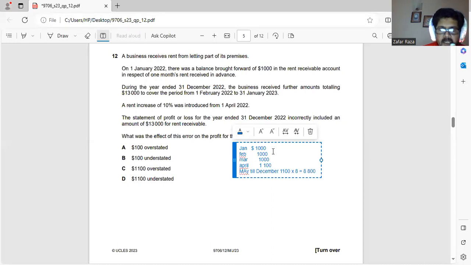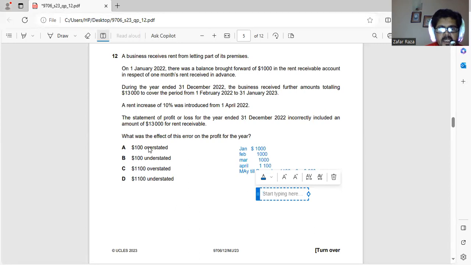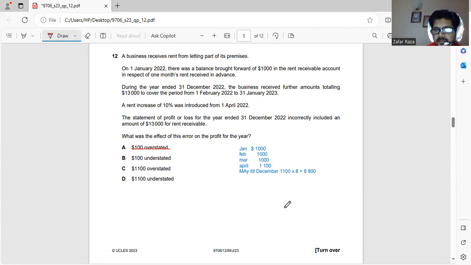Now see, 8,800 from May to December, plus April 1,100, plus 3,000 from January to March. That makes your total rent income 12,900. Getting my point clear? So if we are adding 13,000, it means our profit is overstated by $100. Getting my point clear? Okay.